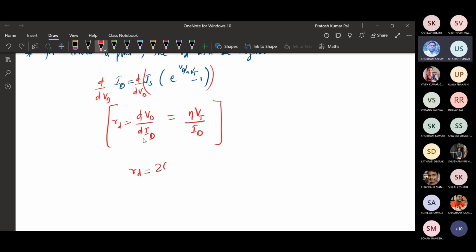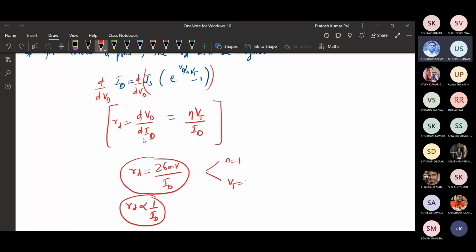So at room temperature, RD will have an inverse relation with the drain current. This will be the case when N is equal to 1 and VT is equal to 26 millivolt. Otherwise, this will be the general equation in case of RD. Okay.